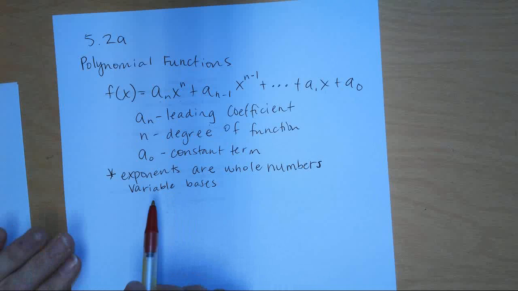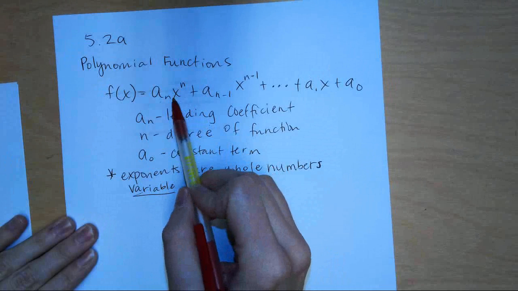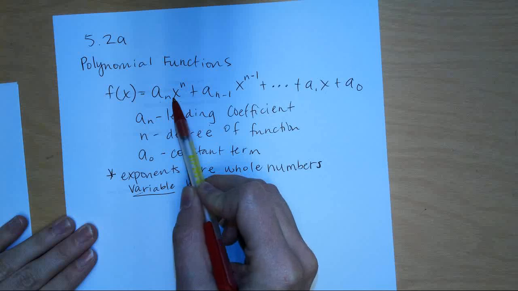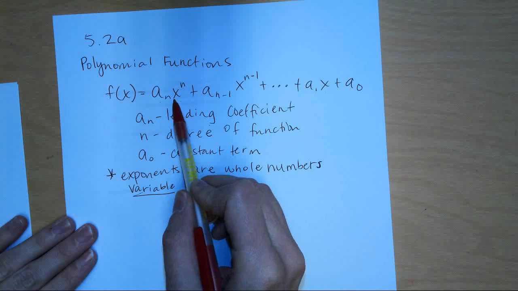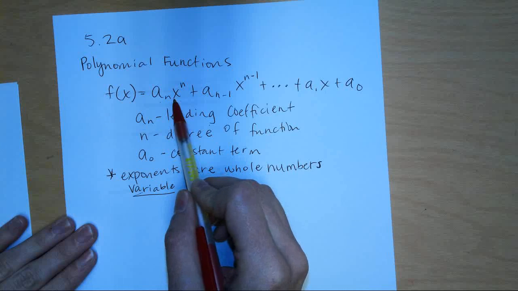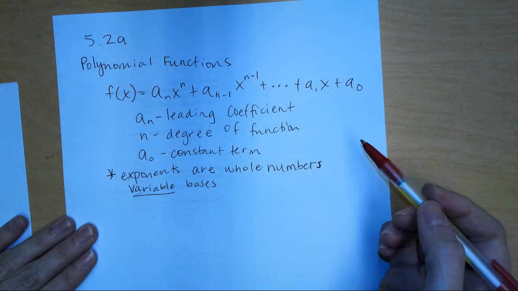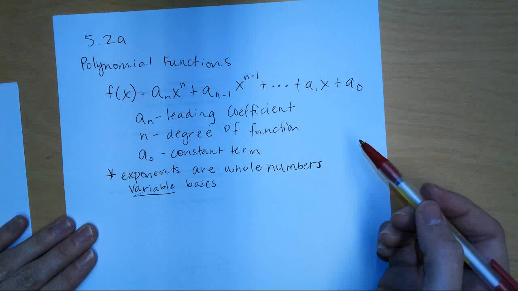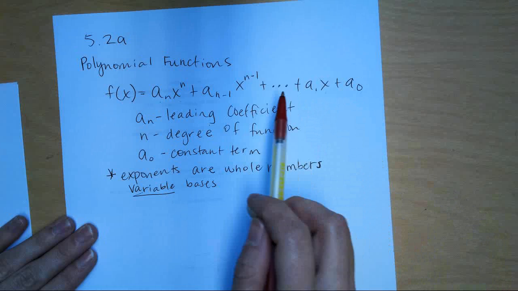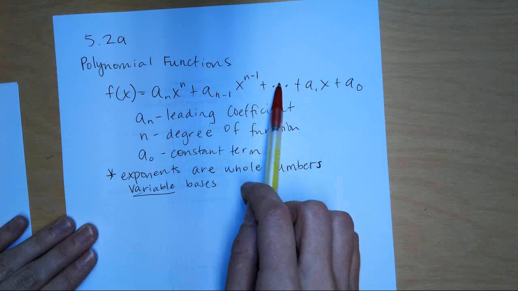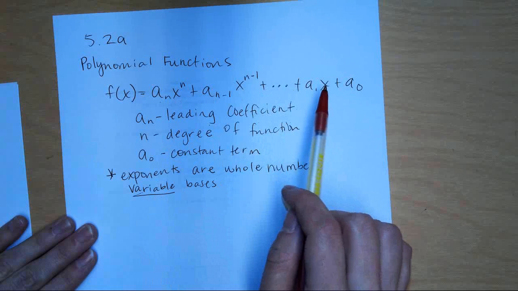So these all have variable bases, which means the x is the base. That's our variable. Does everyone follow that? Okay, yes. It depends on what this n is. That's why we can't tell, but it's going to continue on until you get to 1 and 0.